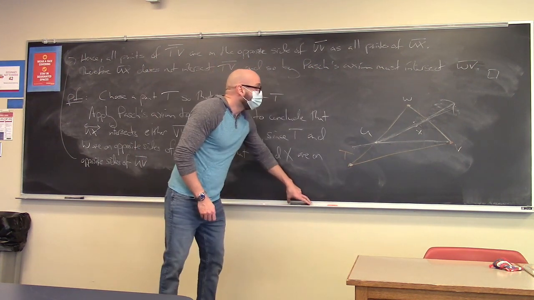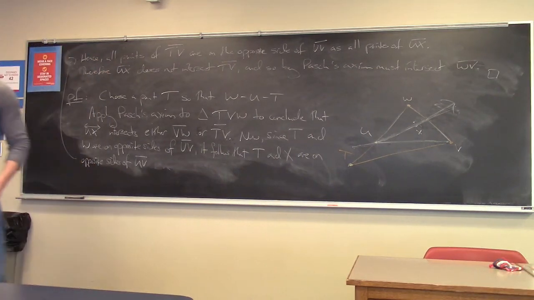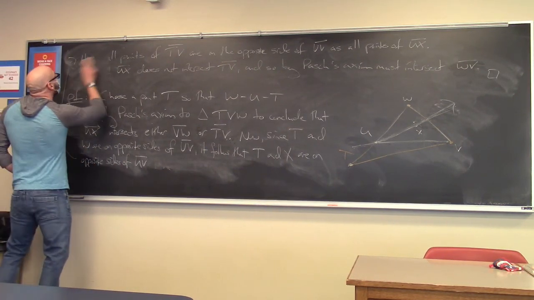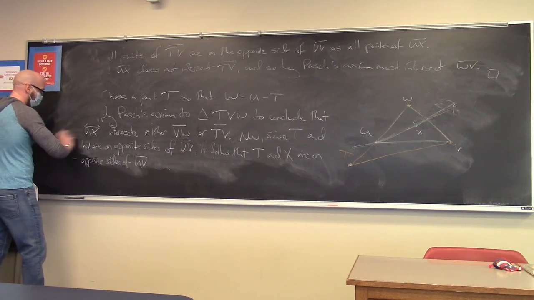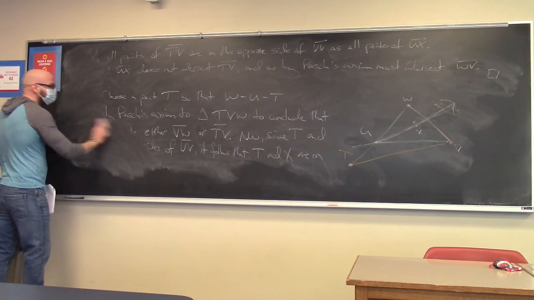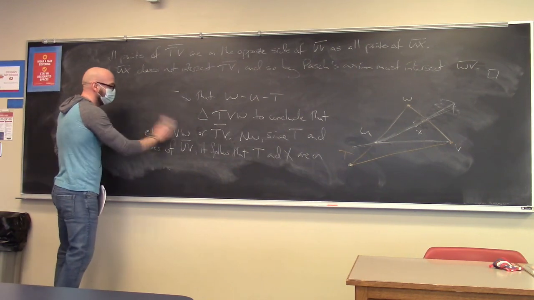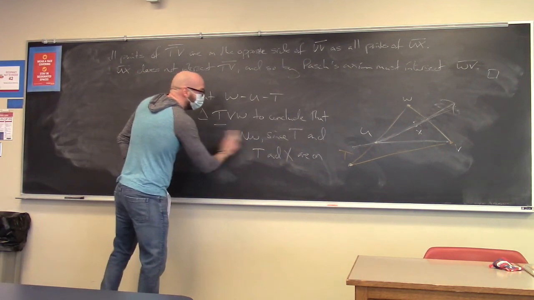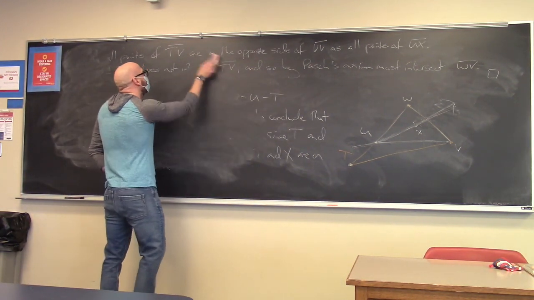So there's the famed crossbar theorem, and we will use it. We'll invoke this theorem quite often in proofs. Again, it's obvious in a Euclidean sense, but the point here is to prove that we don't need the parallel postulate. So it's true even without it.